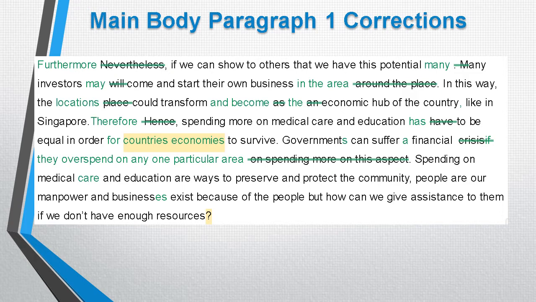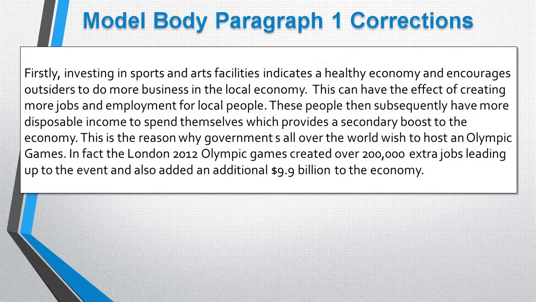So let's have a look at a model body paragraph 1, or how I would write it. Firstly, I've given a very clear topic sentence which shows us what the rest of the paragraph is going to be about.